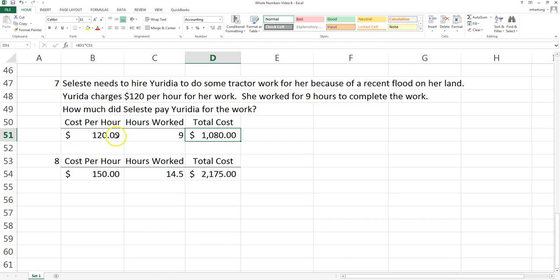Well, we could take $120 and add it up 9 times. Or we could do the shortcut of addition, which is multiplication, and simply take 120 times 9. So that's what we did here. $120 times the 9 hours, B51 times C51. And enter.